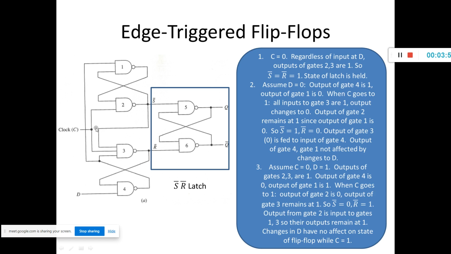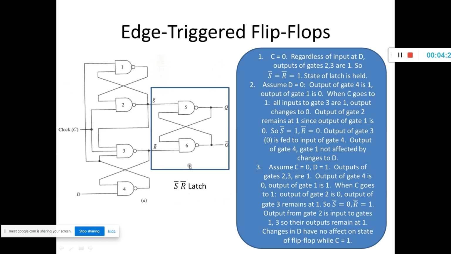Where is the clock? The clock is connected to one of the inputs of the second NAND gate and is also connected to one of the inputs of the third NAND gate. The output of the fourth NAND gate is also connected as one of the inputs to the first NAND gate. So this is the construction of the positive edge triggered D flip-flop.